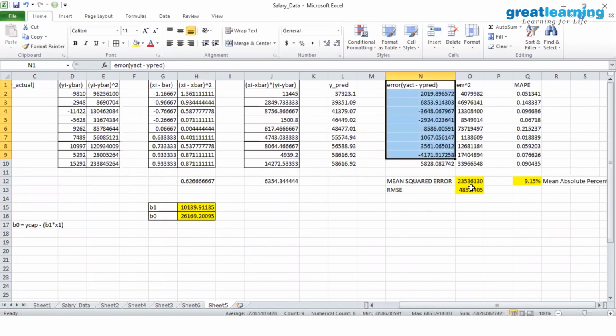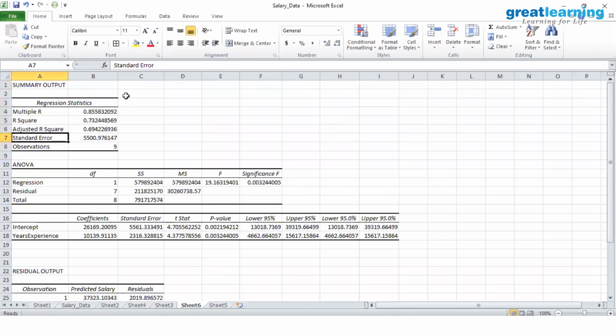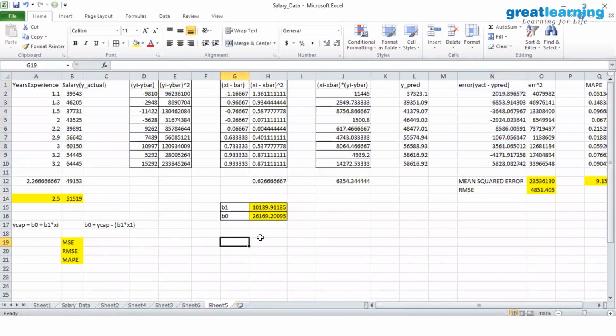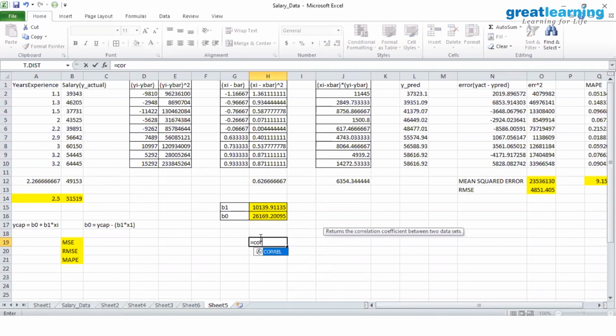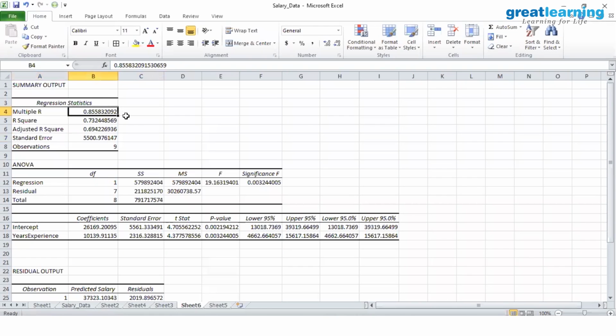All right. So going back here, how am I going to find the multiple R squared? Multiple R squared is nothing but given by the correlation between X comma Y. So what is R squared, and how do I calculate it?